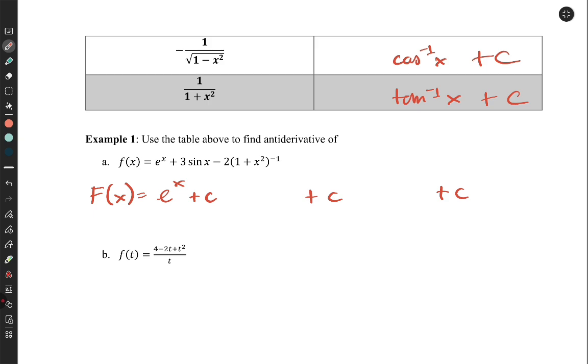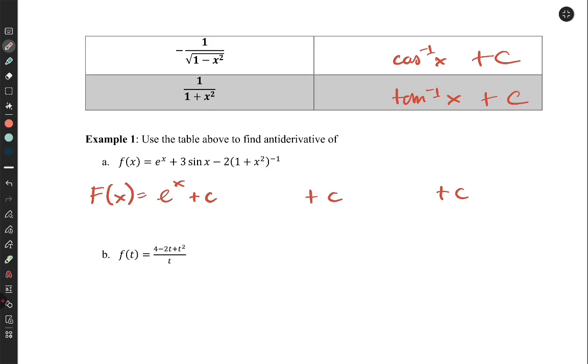Antiderivative. Okay. 3 sine of x. Don't worry about the number 3, right? Same as with derivatives, the coefficient, you just throw it outside. Okay, throw it outside. Sine of x. What do you think? Sine of x. Where's the formula?